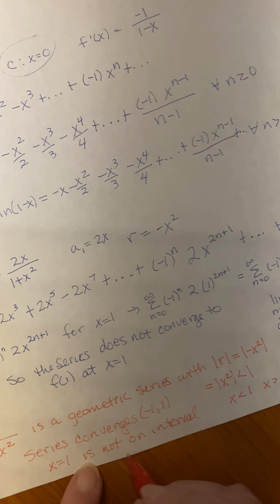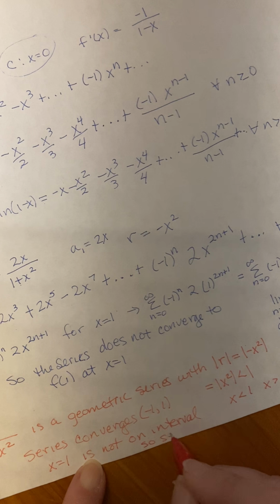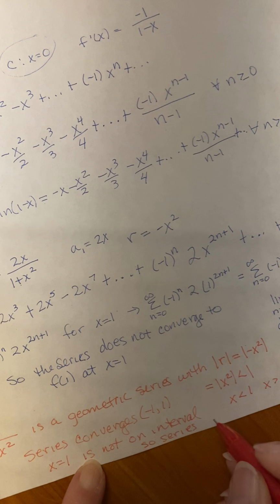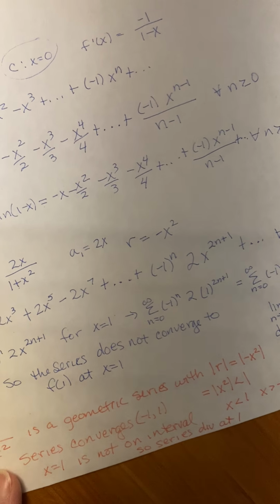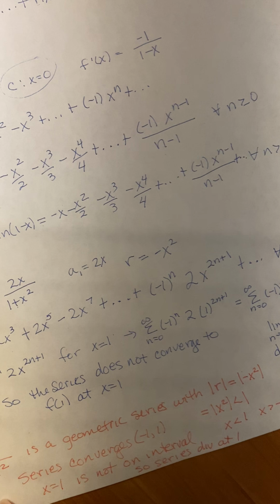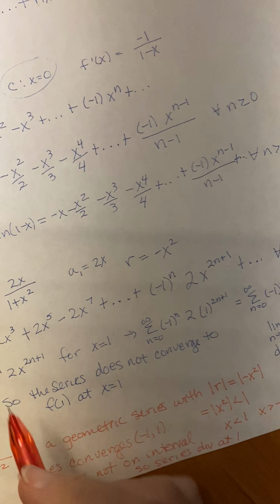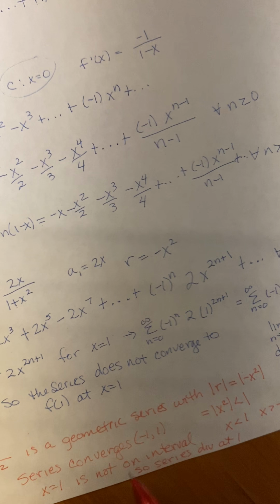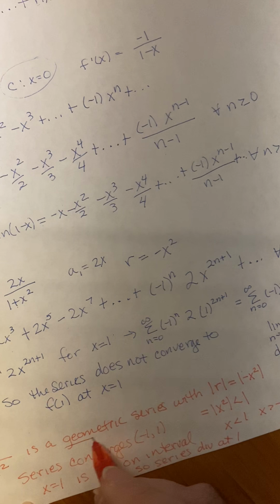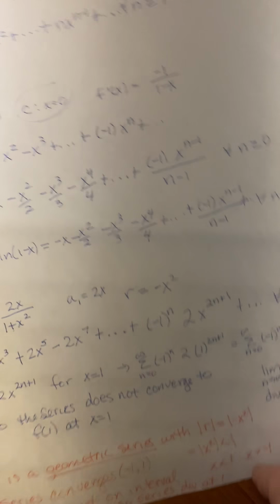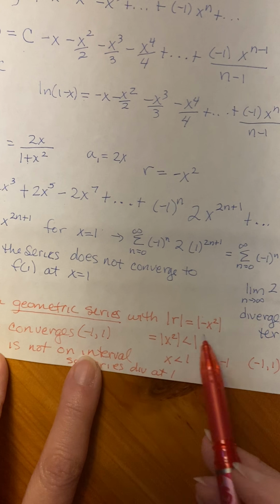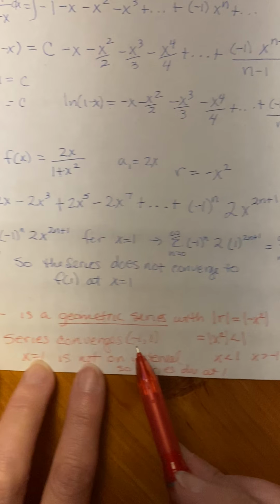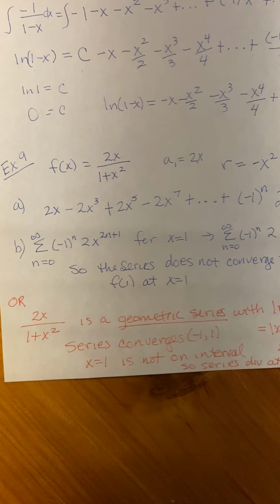So the series diverges at 1. Again, either this way or this way, when you do it this way, you had to mention that this was a geometric series, and that's how you knew, because this fit the criteria for a geometric series with its r value and all the other things.